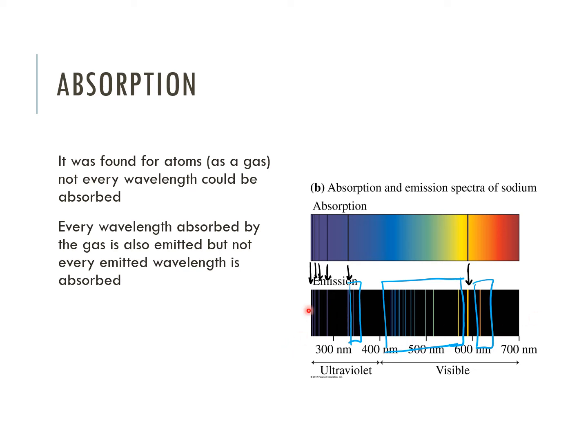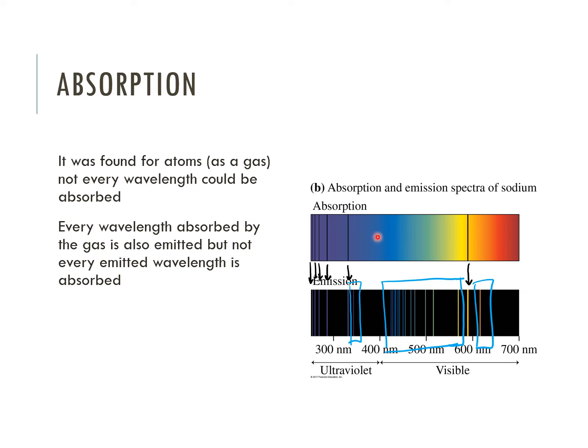So a sodium gas can output all of these different wavelengths. Again, it is a specific wavelength. It has a value. It's not a range. It is one wavelength, whatever numerical value that happens to be based on this spectrum.